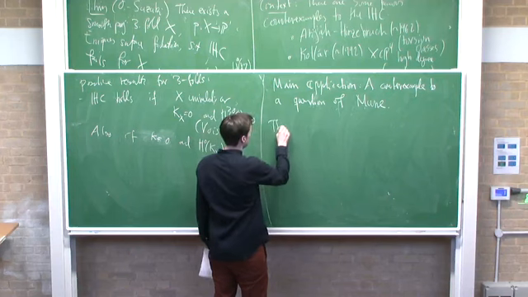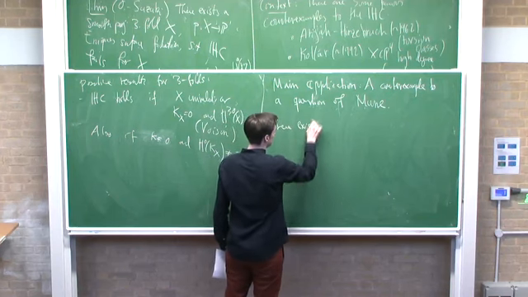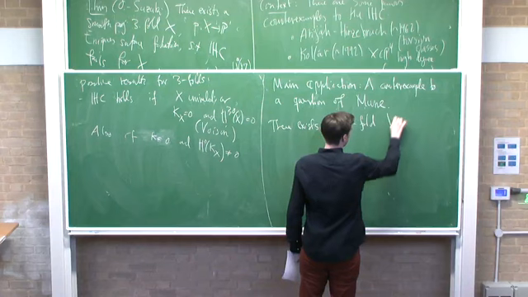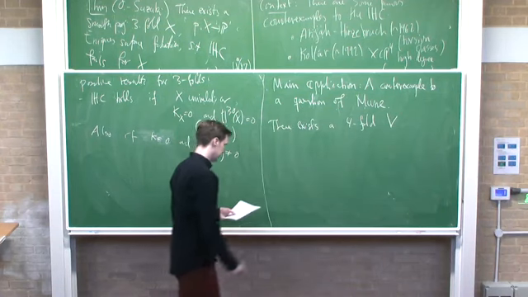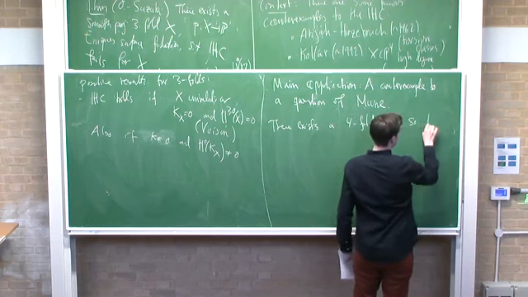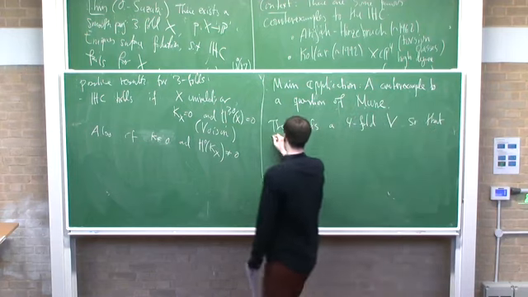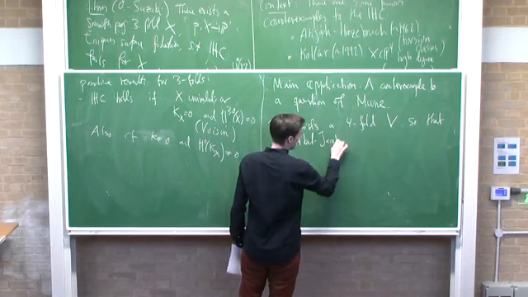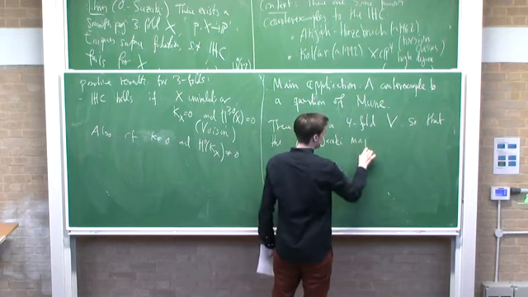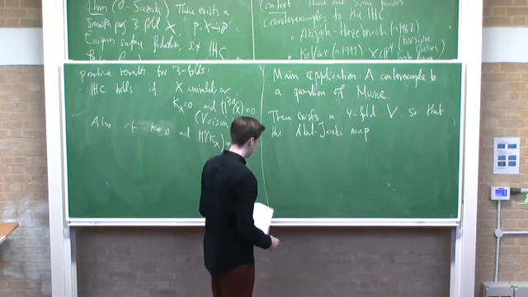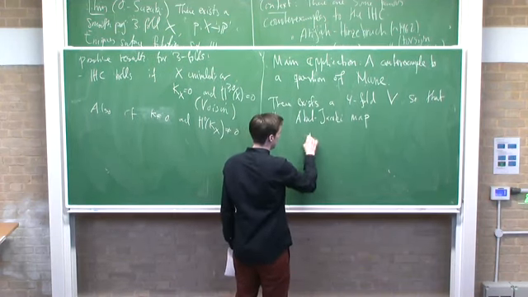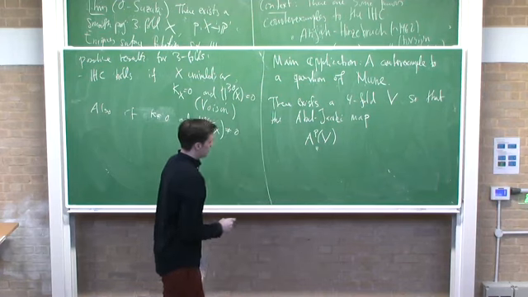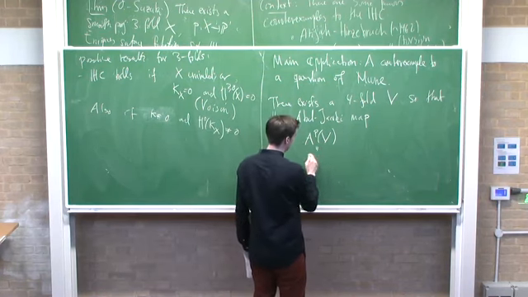There exists... so that the Abel-Jacobi map, so the Abel-Jacobi map is a map from A^P, it's the subgroup of Chow.